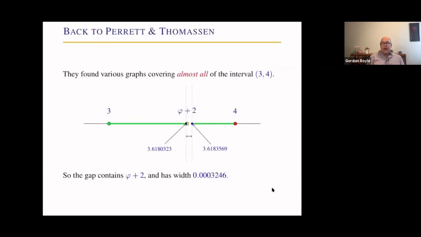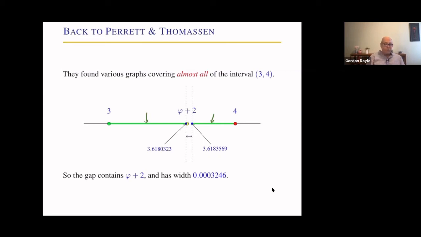So now this is what we're left with. Perrott and Thomason found graphs covering almost all of the remaining interval. So one family of graphs was negative in that green region there. Another family of graphs was negative in that green region there, so therefore dense. But they couldn't push these points right up to 5 plus 2.